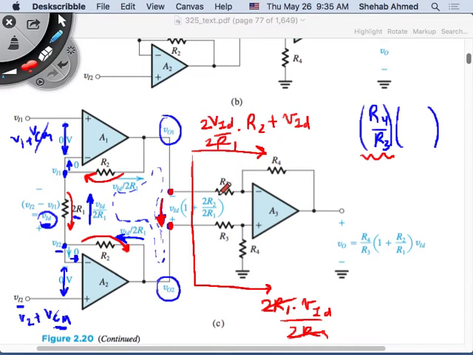So the 2s go away, and I'm left with VID times (R2 over R1 plus 1). That's what I have here.